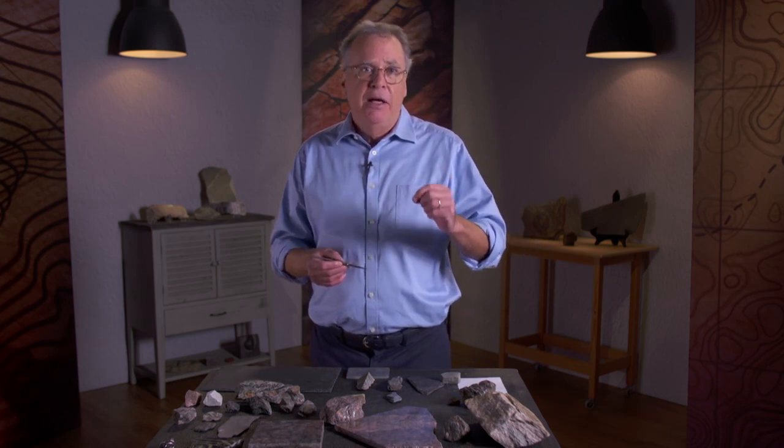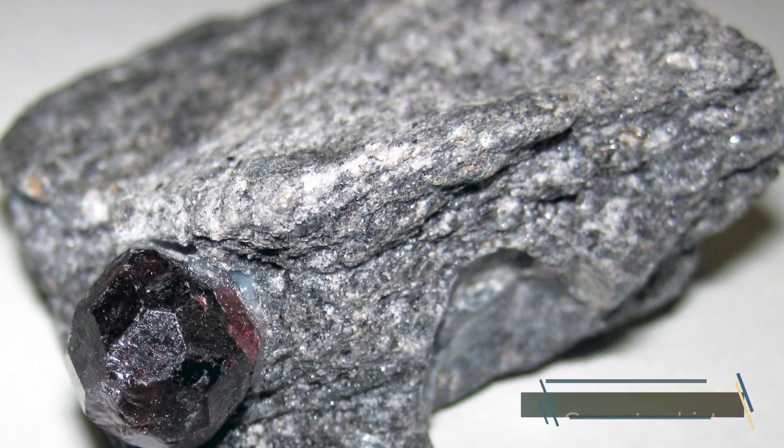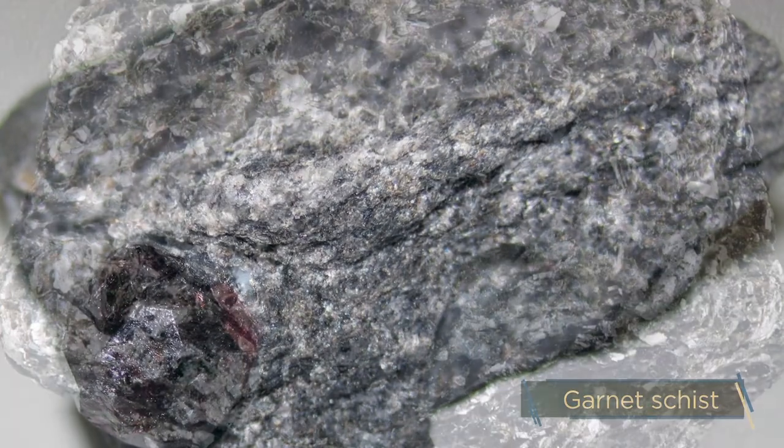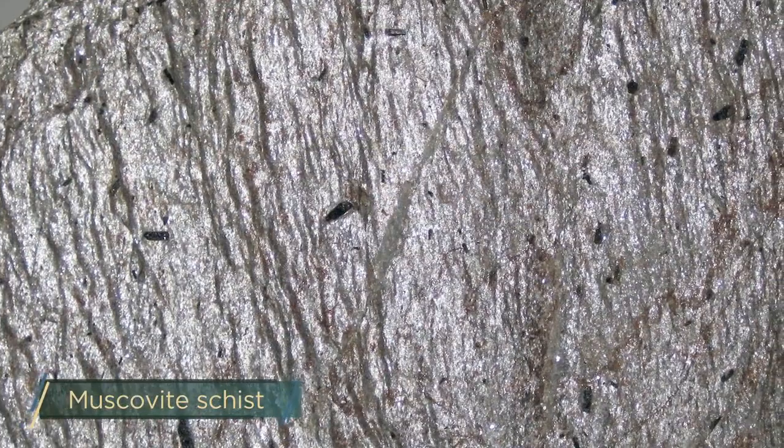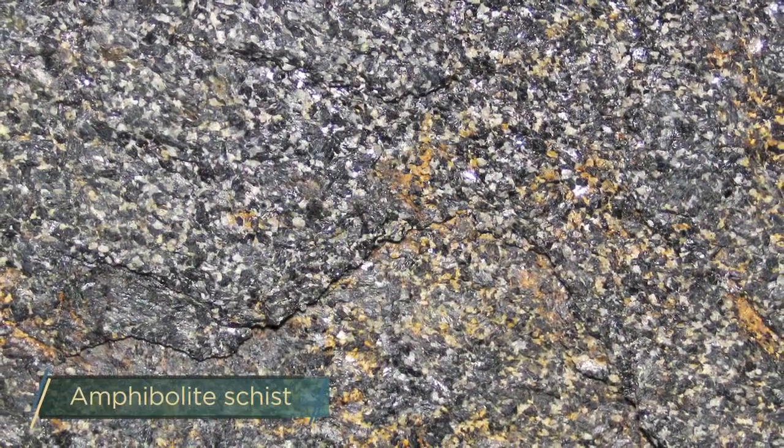Schists contain a number of different minerals. These typically include some quartz and feldspar, but there are others. The presence of these other minerals is used to describe and name the schists you're seeing, such as a garnet schist, a biotite schist, a muscovite schist, or amphibolite schist.